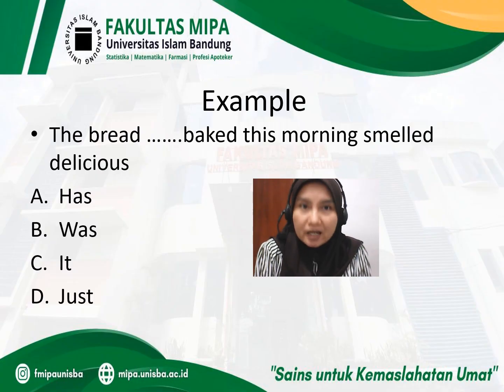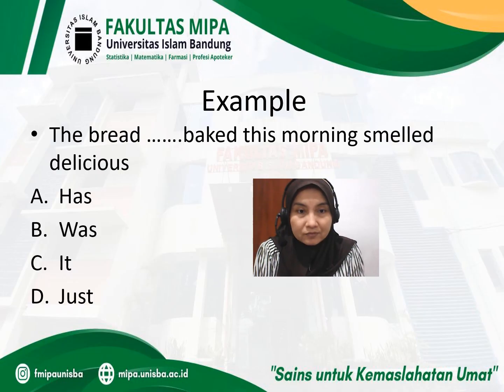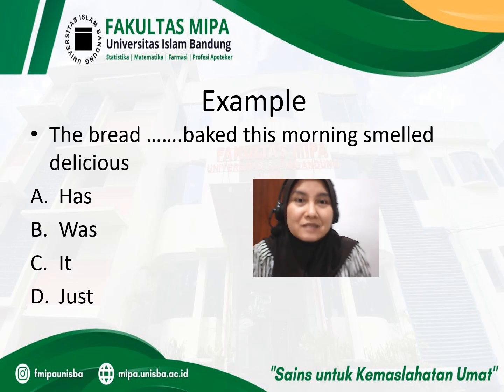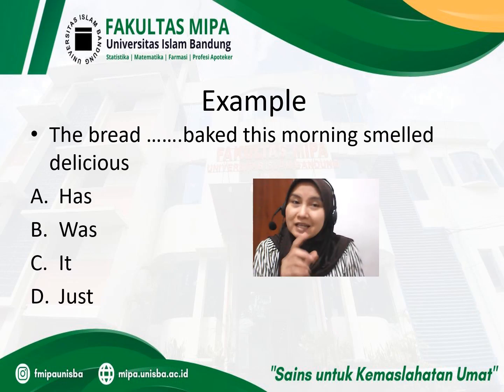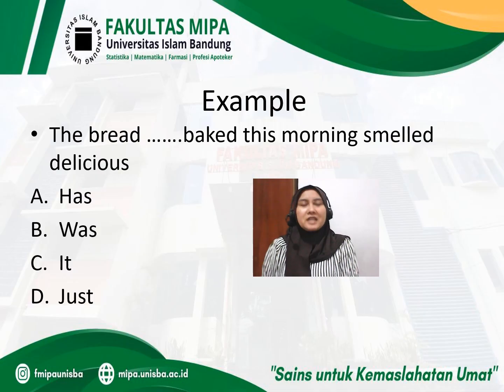Do you see any verb in the question? Look again. Is it baked? Is it smelled? Which one is a verb for this sentence? All right, you're right. So the verb is smelled, not baked. Baked is not a verb in the sentence, but smelled is a verb in the sentence.